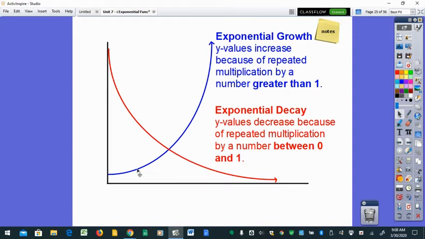Neither one of these functions is going to cross this x-axis. They're never going to become equal to 0, but they're going to approach it and get closer and closer. So exponential growth is when the y value increases because of repeated multiplication by a number greater than 1, and decay is going to decrease due to repeated multiplication, but the number is between 0 and 1, and that's why it's dropping.